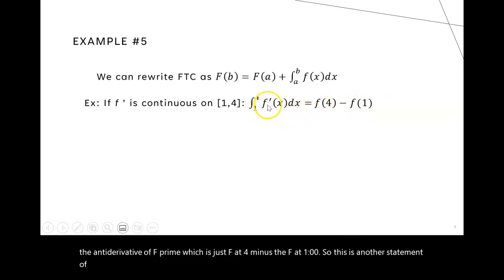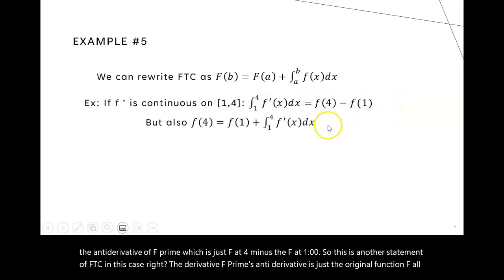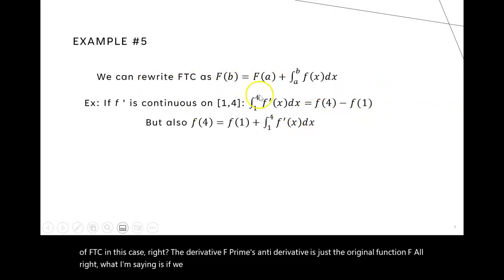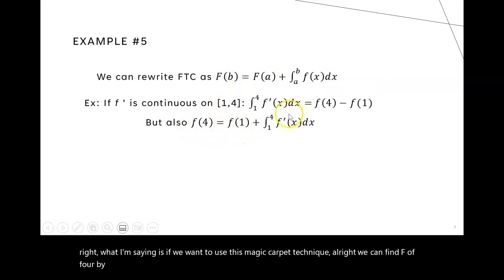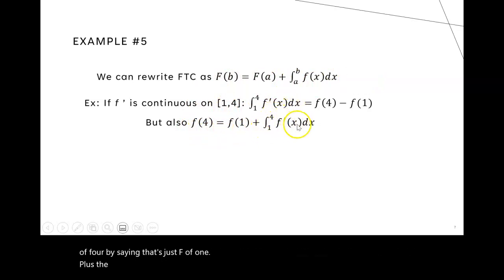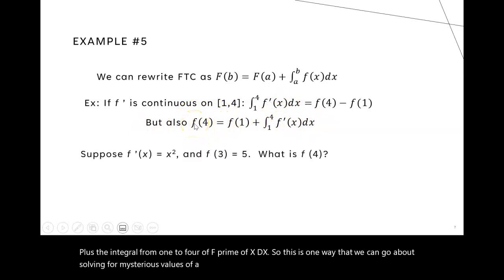In this case, the derivative f prime's antiderivative is just the original function f. What I'm saying is, if we want to use this magic carpet technique, we can find f of 4 by saying that's just f of 1 plus the integral from 1 to 4 of f prime of x dx. So this is one way that we can go about solving for mysterious values of a function.